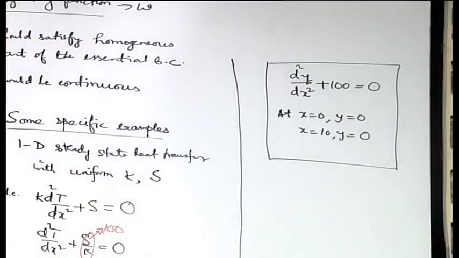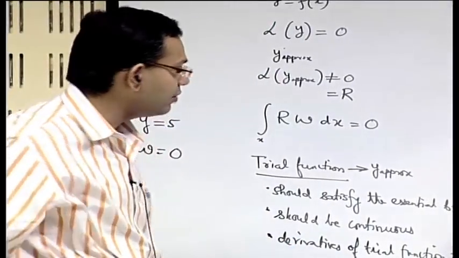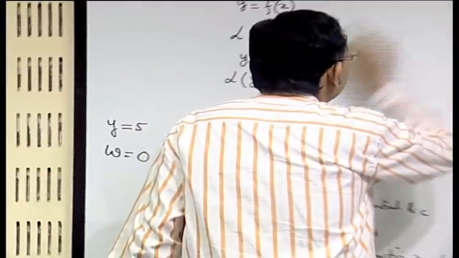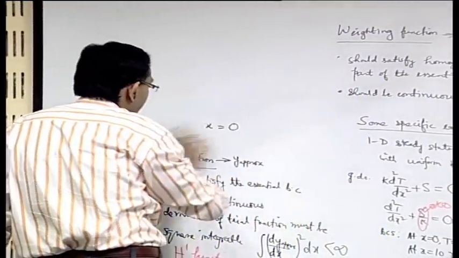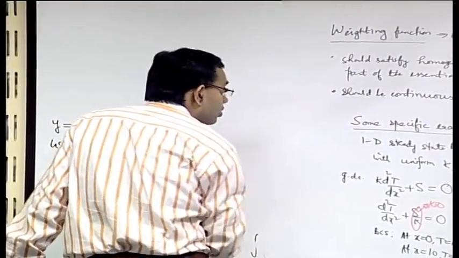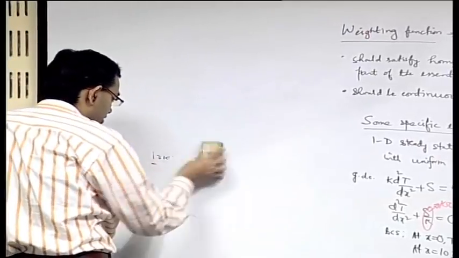For an approximate solution we need what? If you have to go through the method of weighted residual, you need a trial function and a weighting function. There are different methods, and accordingly you can have different trial and weighting functions. So, let us take one example. The first example will be the least square method.